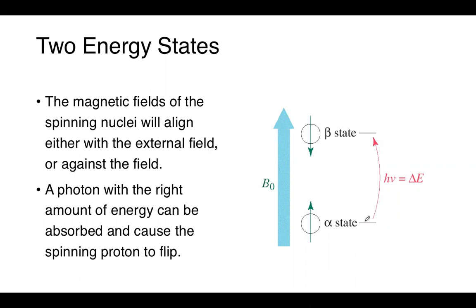So if we go from the lower state, the alpha state, to the beta state, which is the higher energy, in the presence of an applied magnetic field, then this energy gap has some energy associated with it, and that corresponds to some frequency. And so that means that we can use some frequency of light to enact this change.